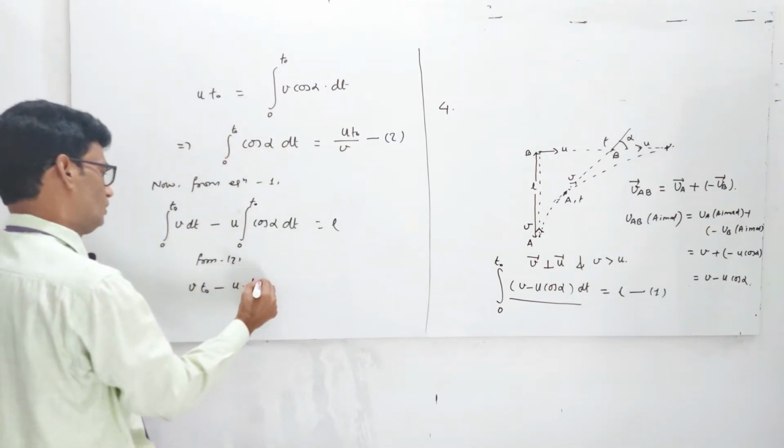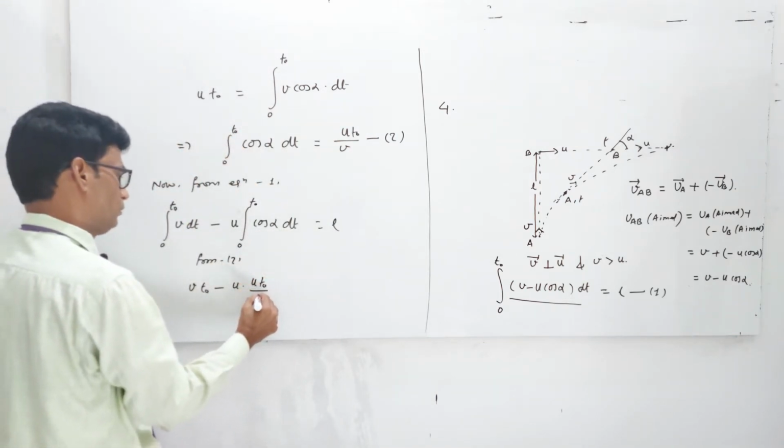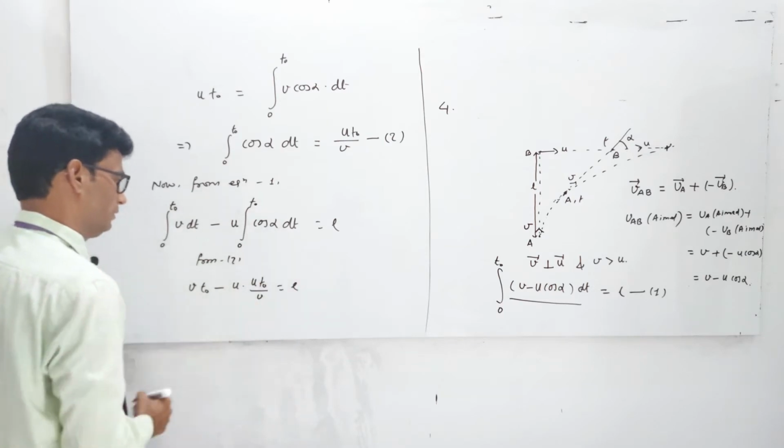So this is u t0 over v, and this is equal to L.